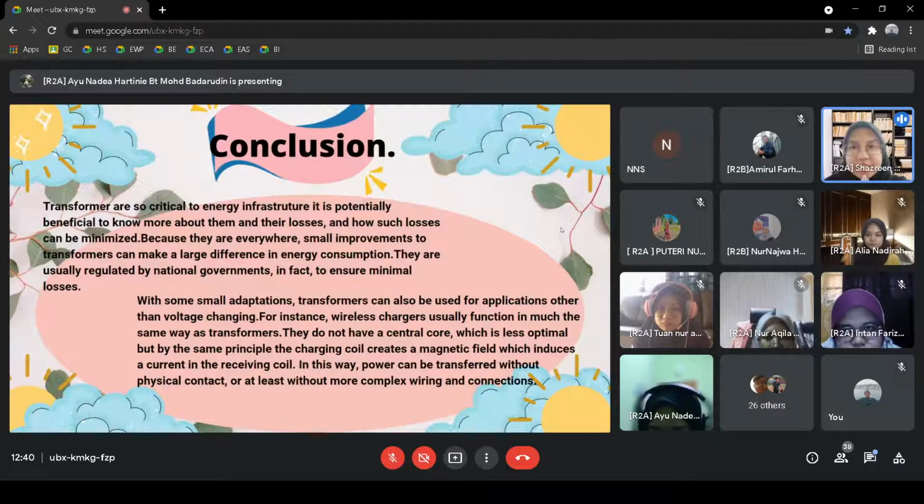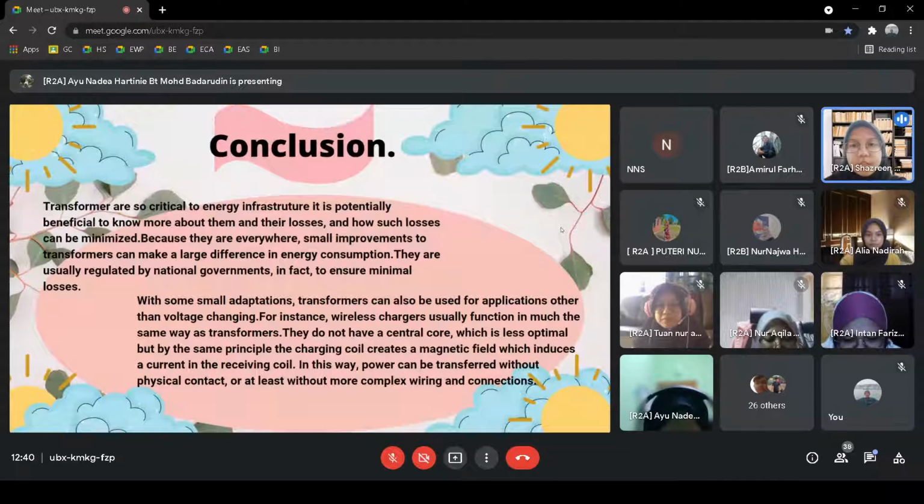So for the last slide, which is the conclusion. The conclusion that we get from this chapter is that transformers are so critical to energy infrastructure. It is potentially beneficial to know more about them and their losses and how such losses can be minimized because they are everywhere. Small improvements to transformers can make a large difference in energy consumption. They are usually regulated by national governments, in fact, to ensure minimum losses.